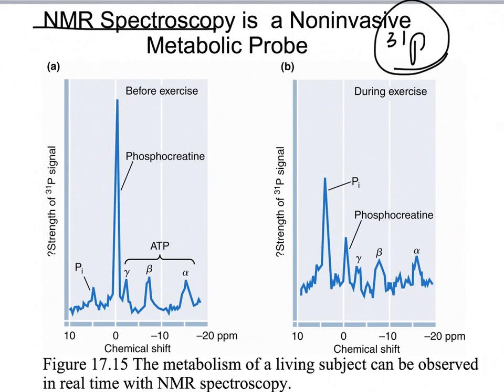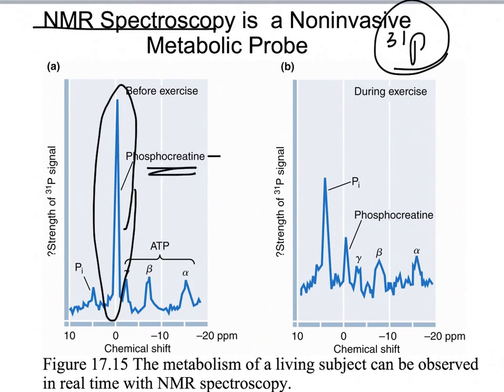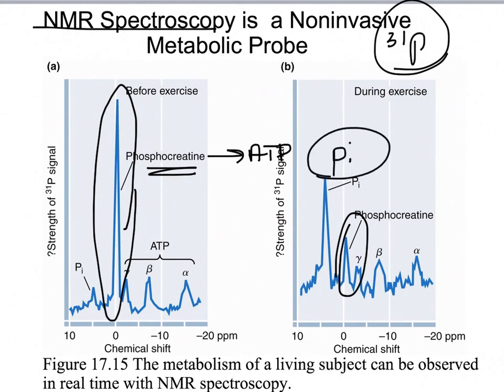So here what this example from your book is showing you is the phosphate that's attached to phosphocreatine, and you can see that it's in high concentration before exercise, and as we discussed, as we need phosphocreatine to make ATP, you can see that the amount of phosphocreatine decreases during exercise because the Pi is being used to make ATP, and you can see an increase in that inorganic phosphate peak.